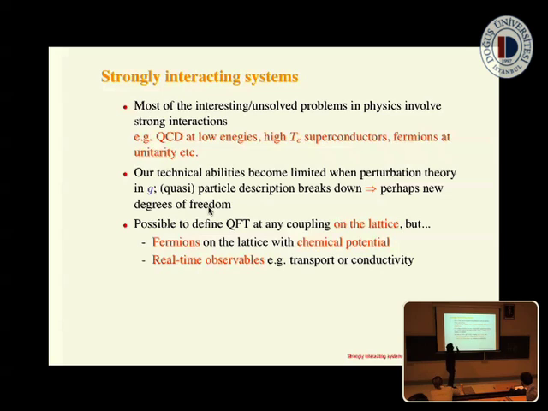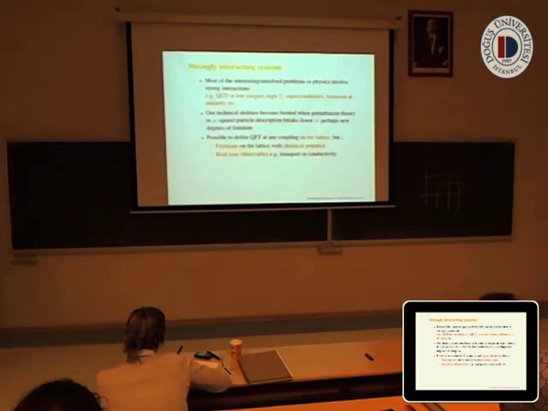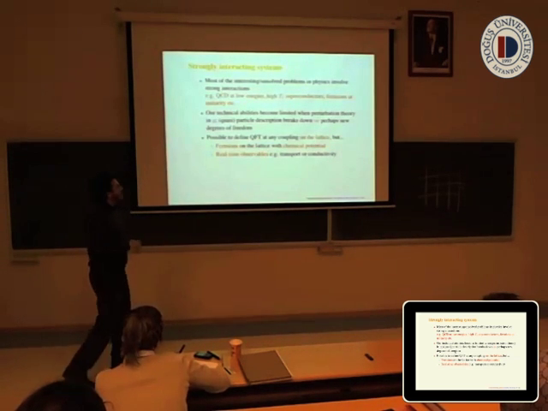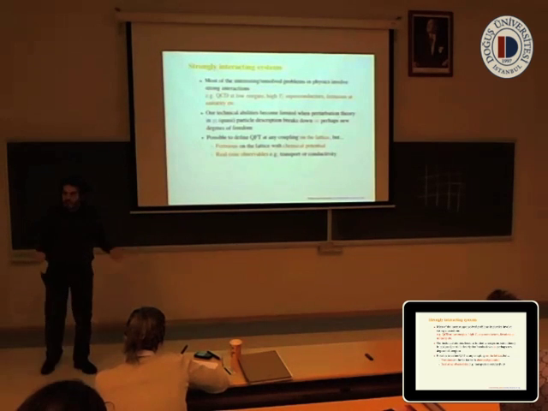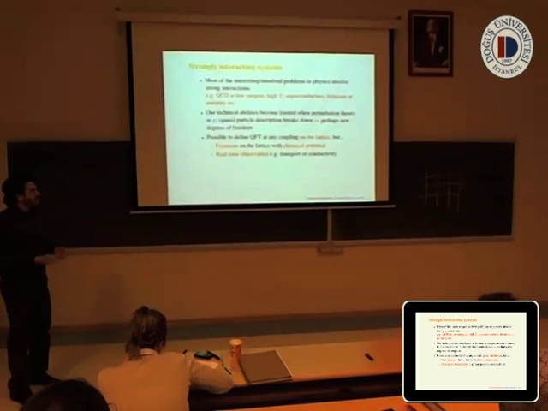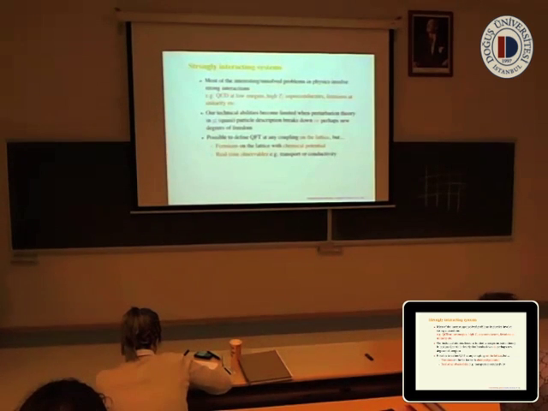For example, if you have fermions with some finite chemical potential, like you always encounter in solid state physics, the lattice approach doesn't work, because the lattice approach necessarily depends on the fact that you define your lattice on Euclidean space, so that you can do some statistical computations like Monte Carlo simulations, etc. So you need to interpret the quantum field theory that you define on the lattice, the partition function, as in statistical mechanics, as a probability distribution, as a sum over different probabilities. So this is the Monte Carlo simulation.